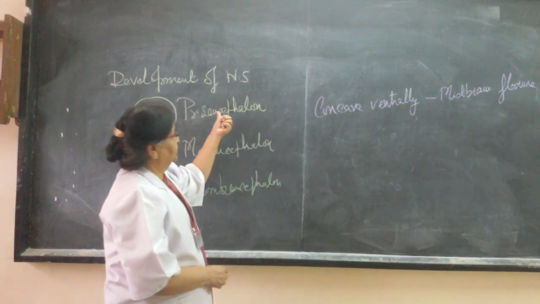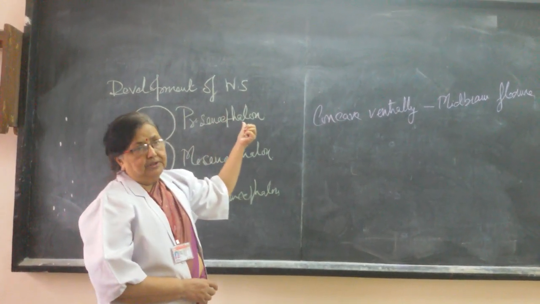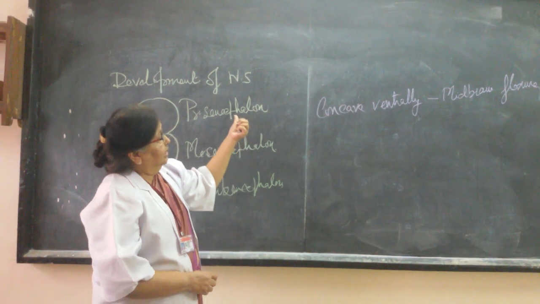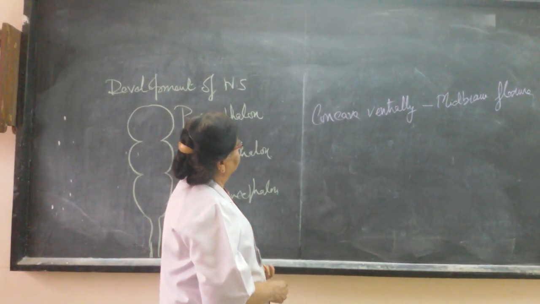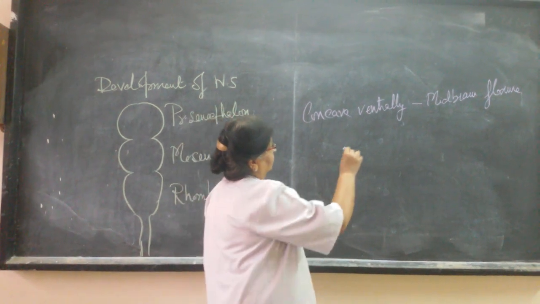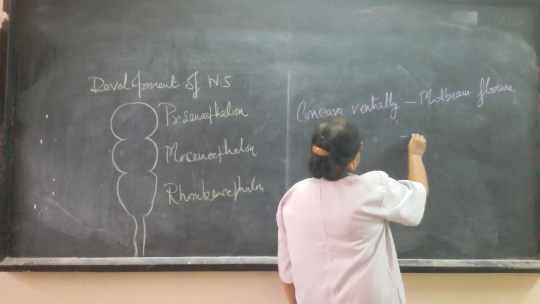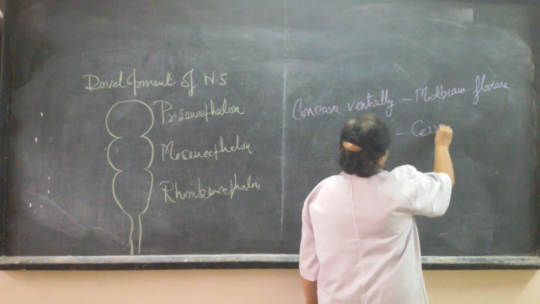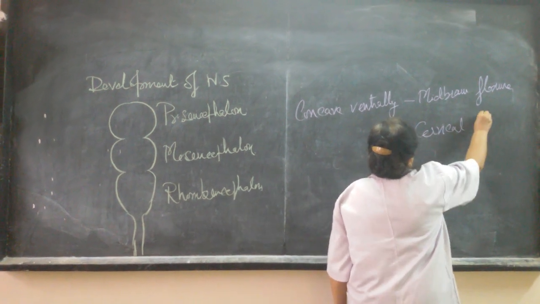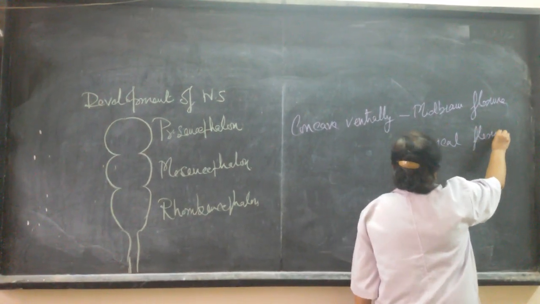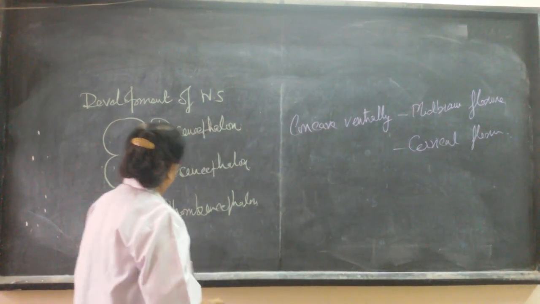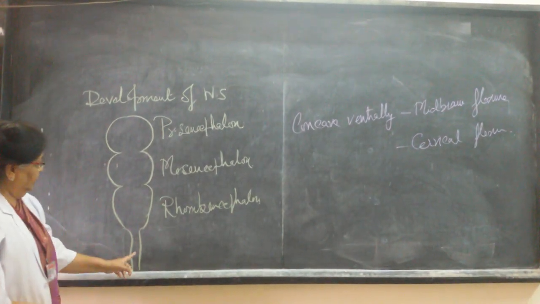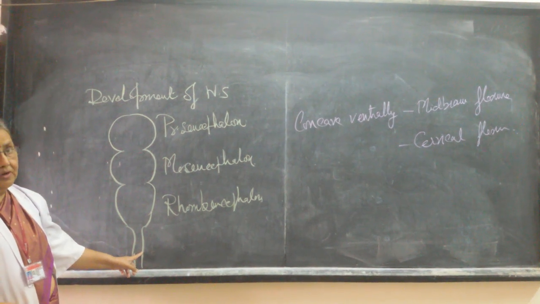Due to the appearance of this flexure, the forebrain portion, the prosencephalon, bends ventrally, cephalic to the notochord and the primitive gut. The other one is known as the cervical flexure. The cervical flexure is at the junction of the rhombencephalon and the spinal cord.